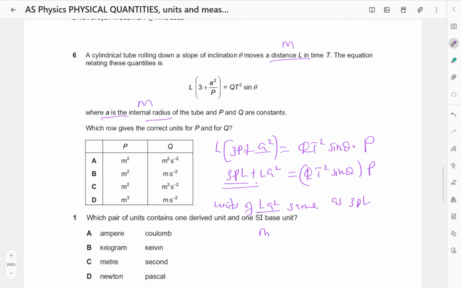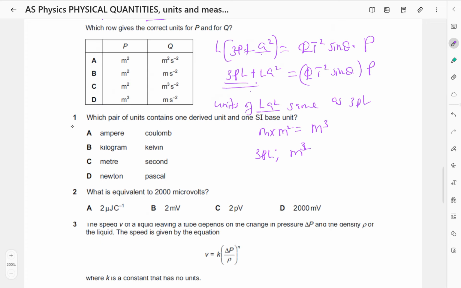That is meters times meters squared, which is going to be meters cubed. So 3PL has units meters cubed. But remember, L alone has units meters. So P has units meters cubed divided by meters. So this gives us meters squared. So P is meters squared.